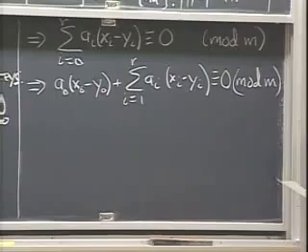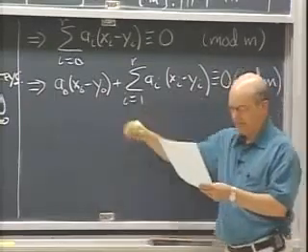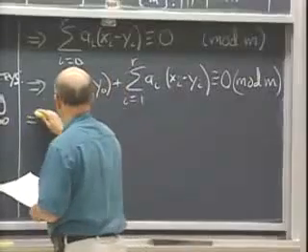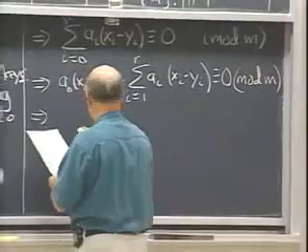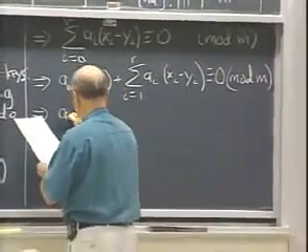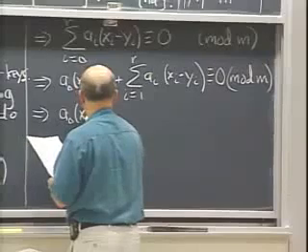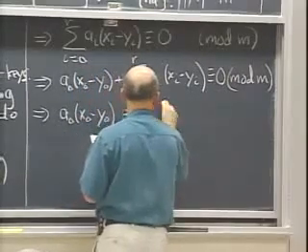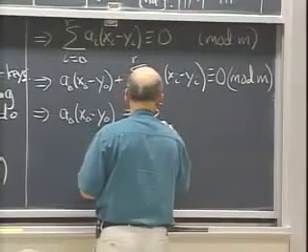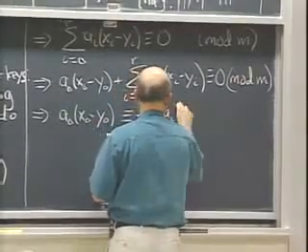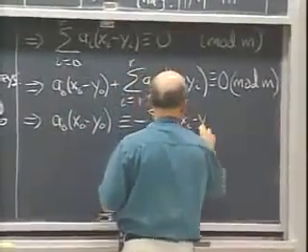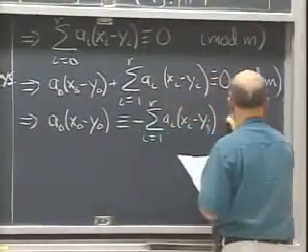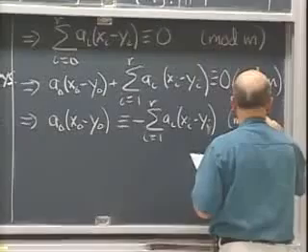Okay, so now we've just pulled out one term. That implies that a0 times (x0 minus y0) is congruent to minus the sum over the remaining terms, mod m.